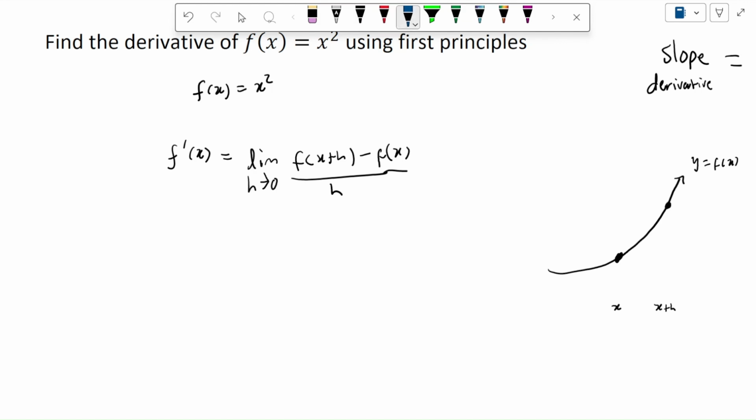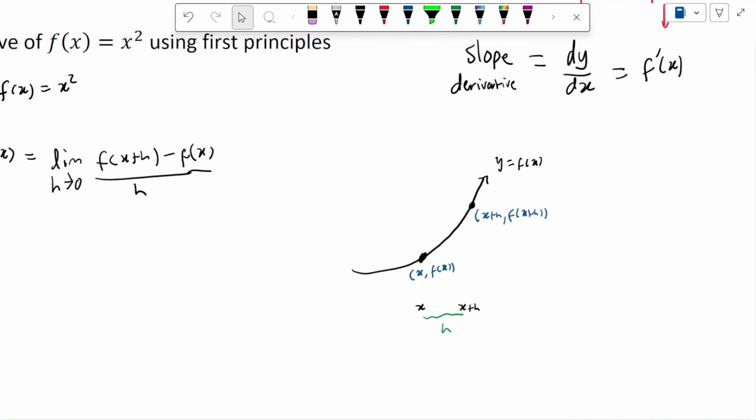So this point here would have coordinates x and f of x. So f of x gives you the y coordinate. And this point here would have coordinates x plus h and f of x plus h. Really importantly, h is just the width between those two.